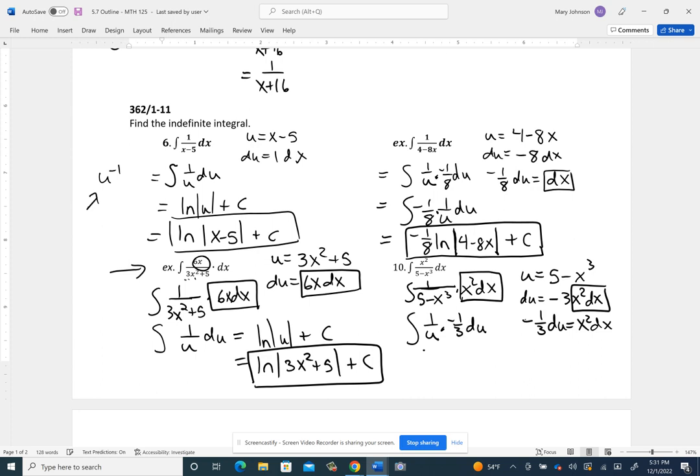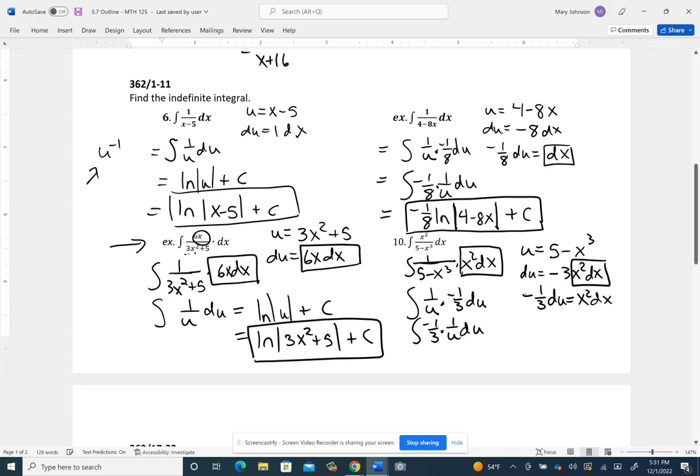Okay, so the negative 1/3 is kind of just carried along. I'm going to rewrite it just a little bit so things are in a better order. But then this winds up equaling negative 1/3 ln of u, and u is 5 minus x to the third, plus c. All right, and it's okay to write it that way.